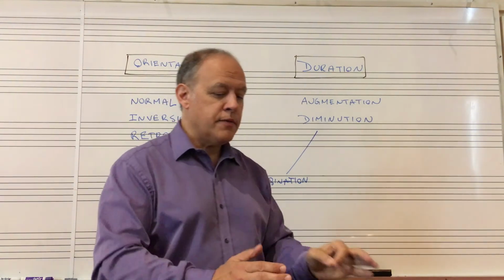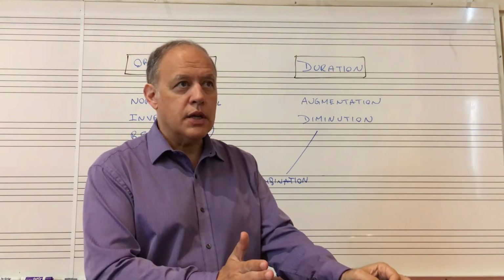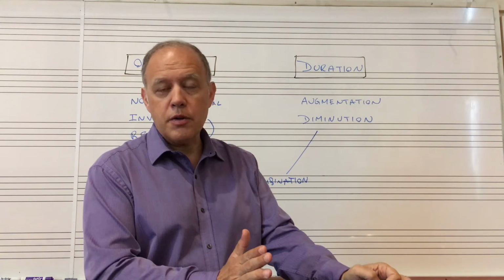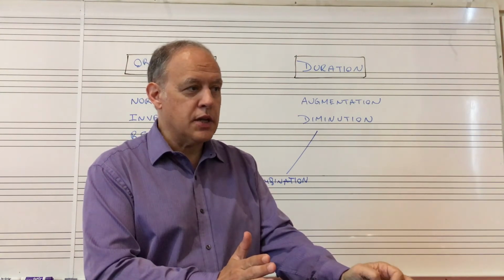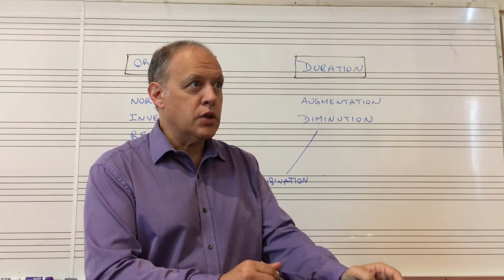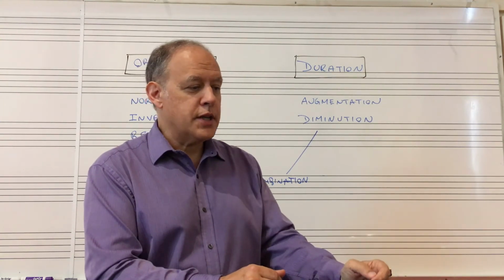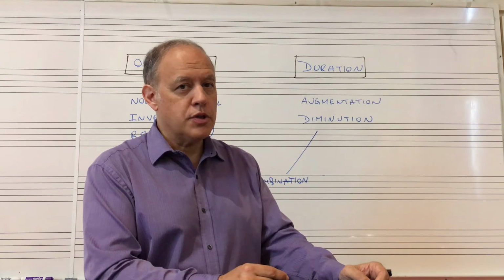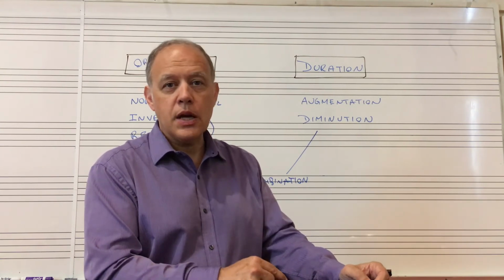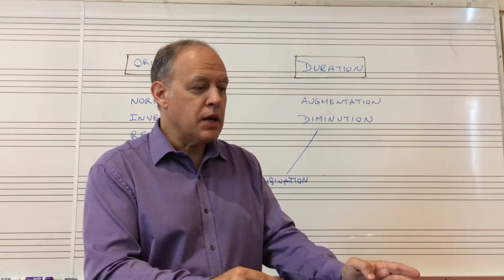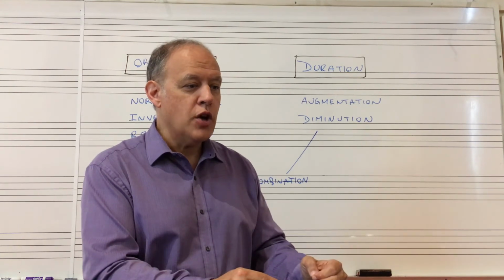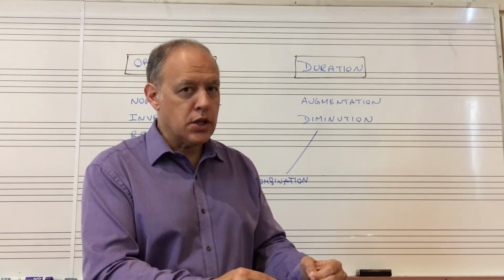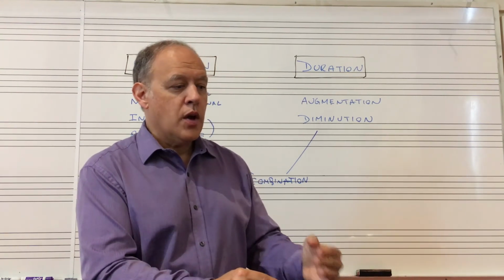If I have a melody that is being given in an augmented imitation, that means that if my original were all quarter notes, for example, an augmented version conventionally would double those note values. So they would each be a half note. And what that means is that the imitation would sound twice as slow as the original.